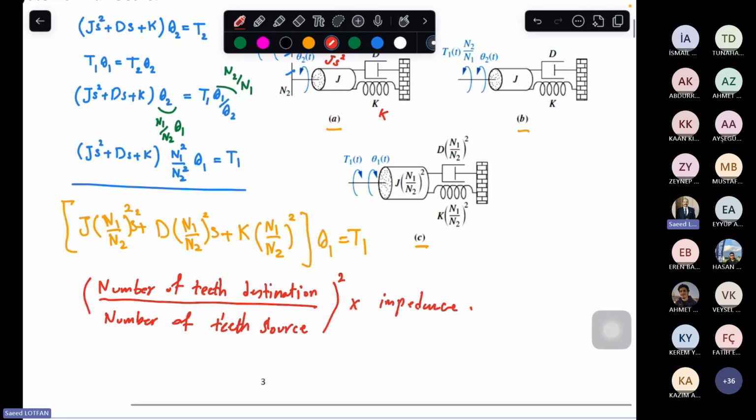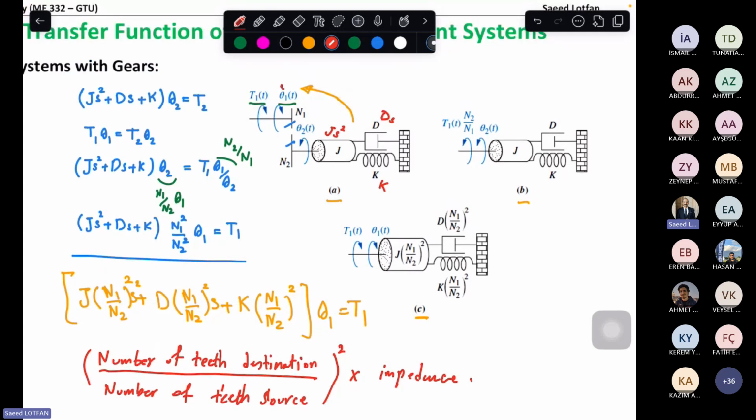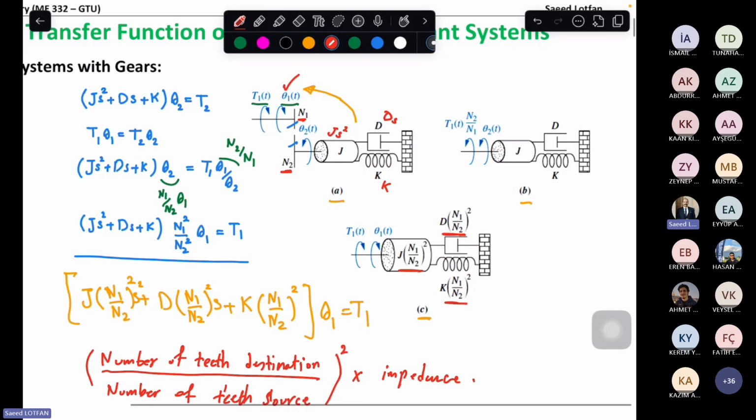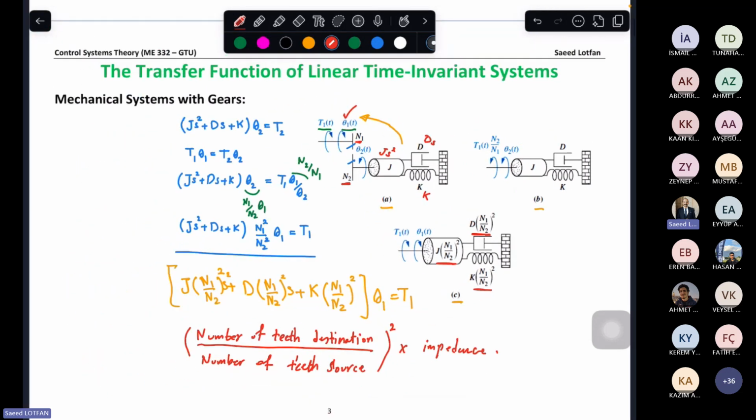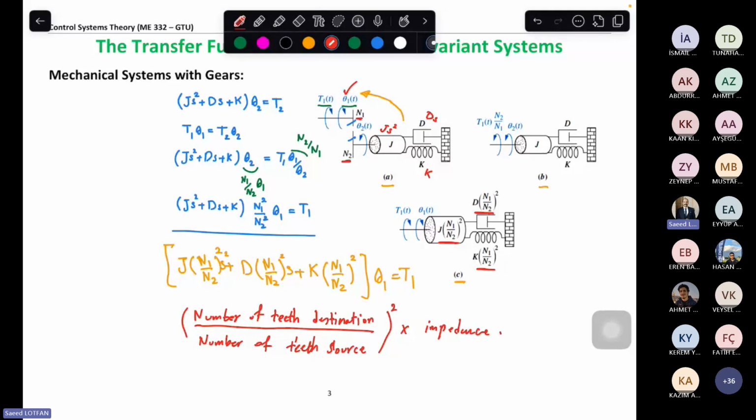Like instead of J, if you want to put it as theta 1, you have to multiply it by destination N1 divided by source N2. So N1 over N2 to the power of 2 multiplied by J comes here, and D as well, and K as well. This is some method of impedance simplification in gear systems. Clear?